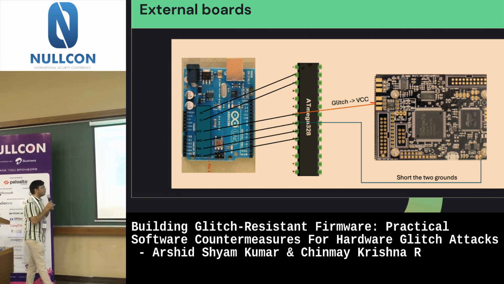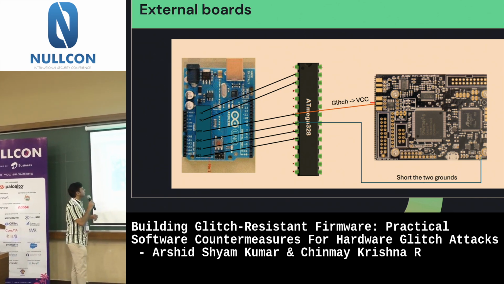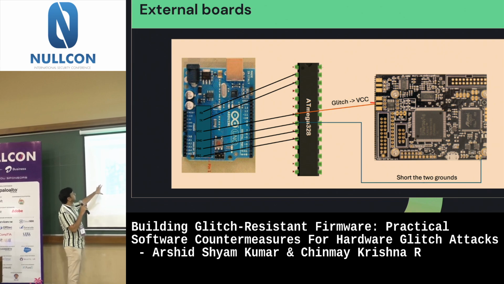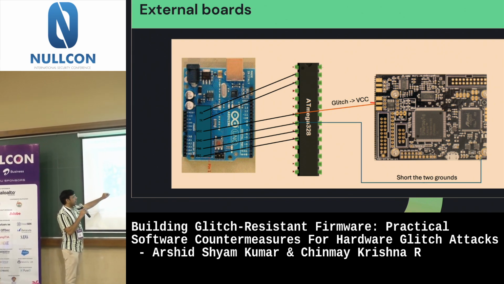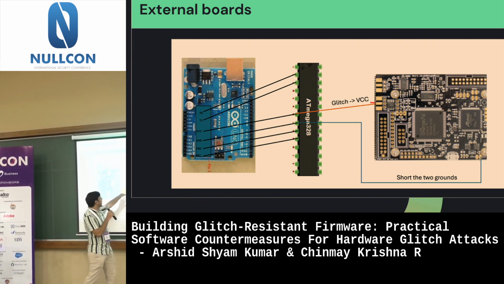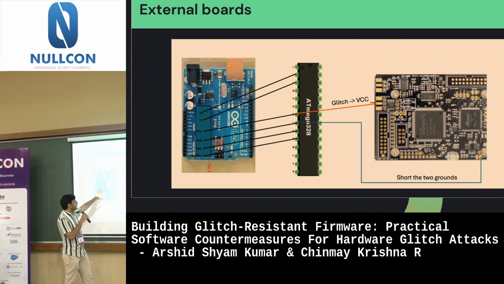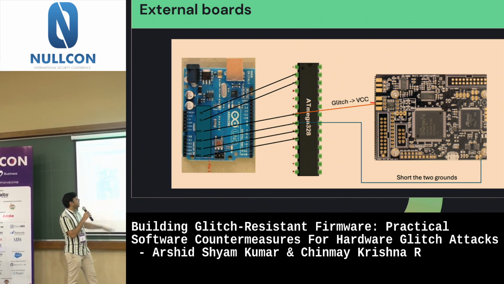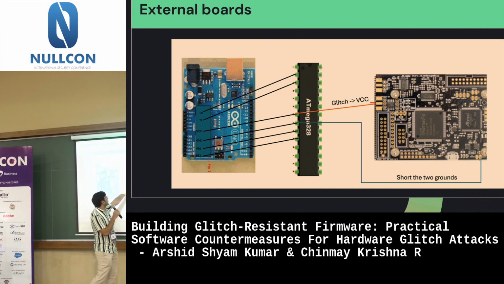So let's say the famous Arduino board, if you take, and this is the fault injector, and then you need to give it some connections, and then it will glitch.